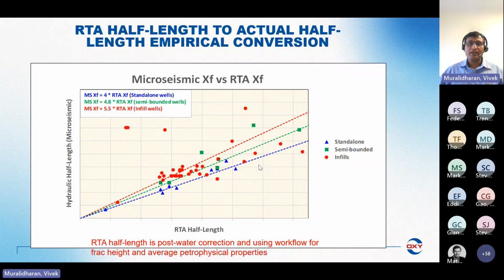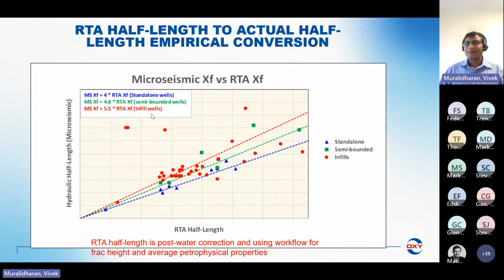For the standalone wells, a general rule of thumb is that whatever RTA half-length you get, if you multiply that by 4 times, it comes out very close to explaining the standalone performance in reality. For the semi-bounded and the infill wells, it is going to be higher.